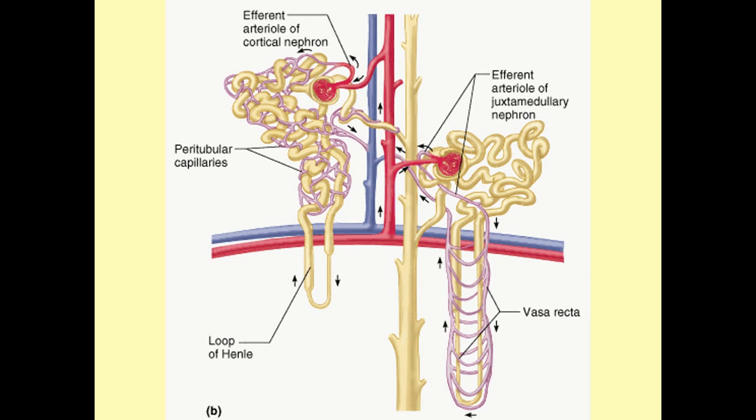On the right is a juxtamedullary nephron, whose primary job is water retention, and so the most important part of a juxtamedullary nephron would be the nephron loop, which extends deep down into the renal medulla. And surrounding that nephron loop, the descending and ascending limbs are a set of blood vessels called the vasa recta.